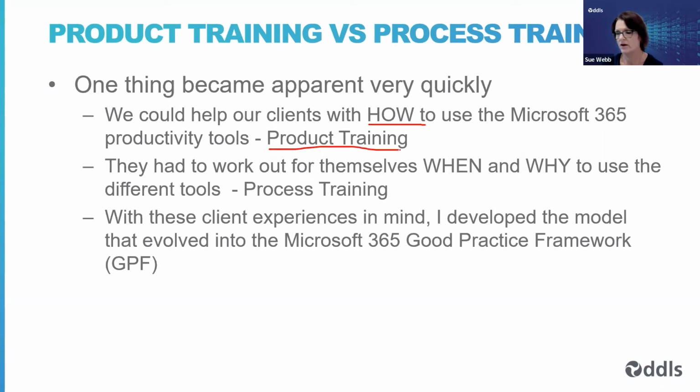That's teaching you how to use Teams, how to schedule a meeting, how to respond to a chat with a graphical response instead of text, how to create a team, how to create a private channel, OneDrive, how to migrate content from OneDrive to SharePoint because you realise that it actually should be in SharePoint. I can teach you how to do all of that. All of our training covers how. But then the organisations had to work out for themselves when and why to use the different tools. And that's where process training is so important.